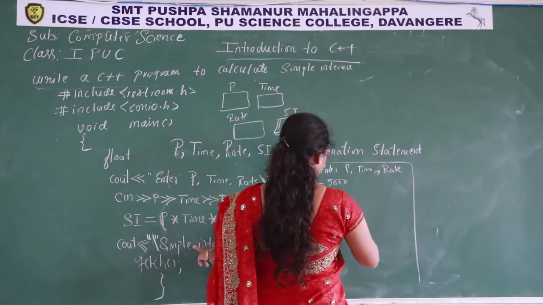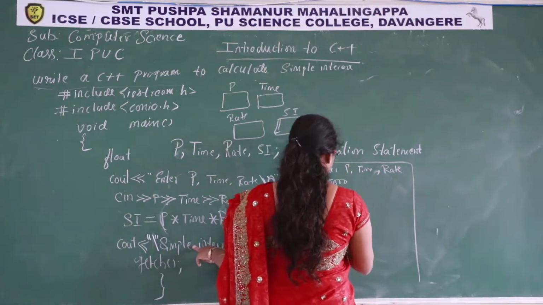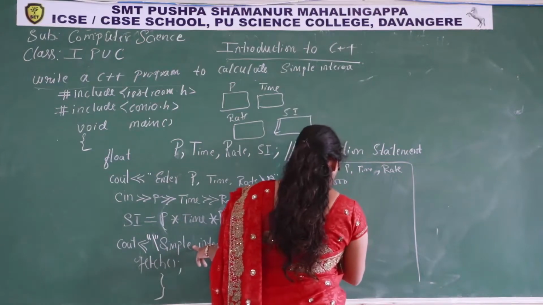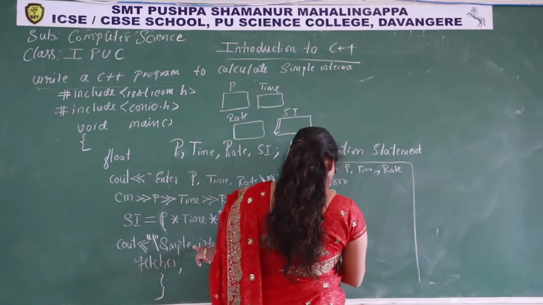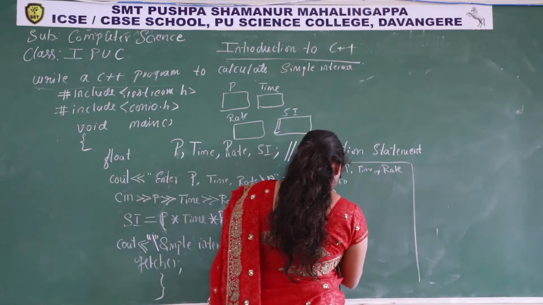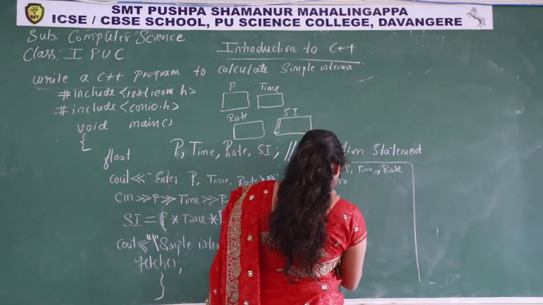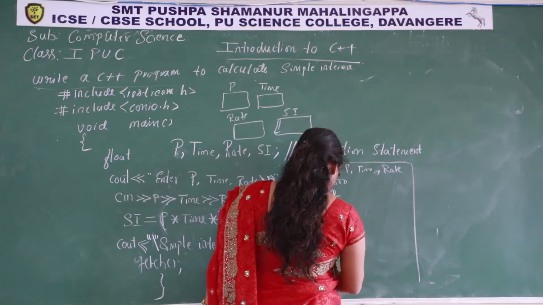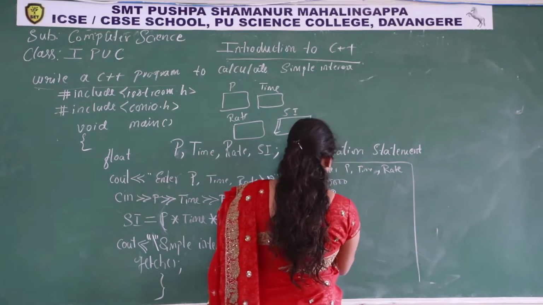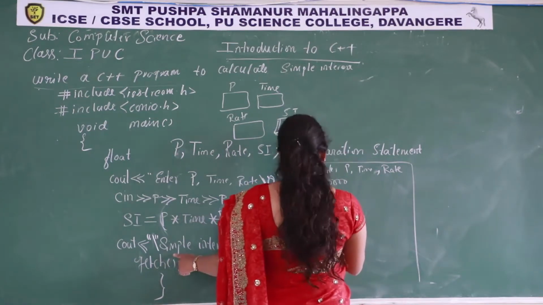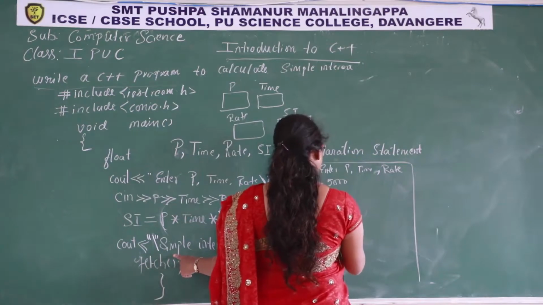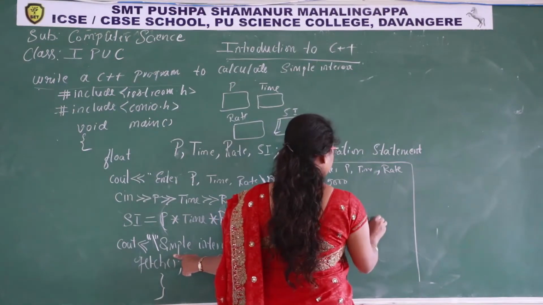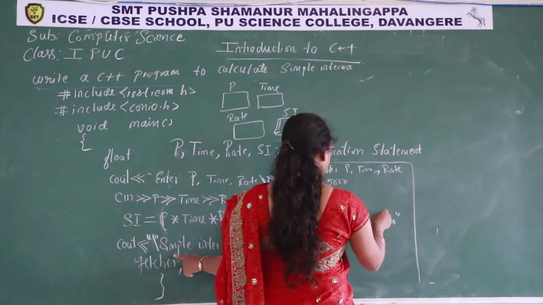5000 into 2 into 5.5 divided by 100 gives 550. Now it will display "simple interest is", everything within double quotes.